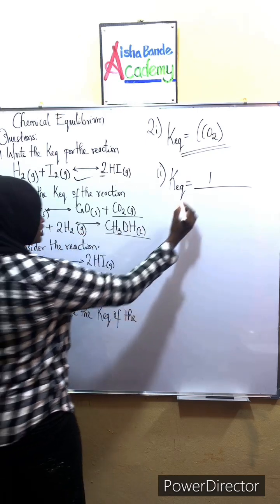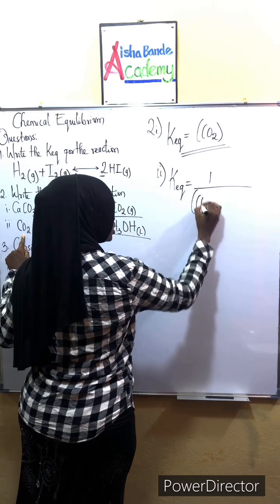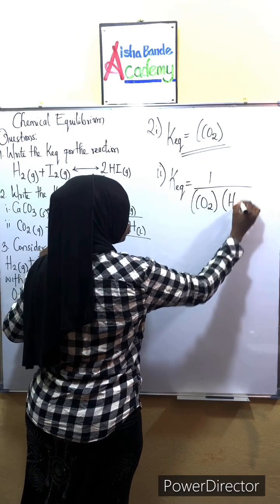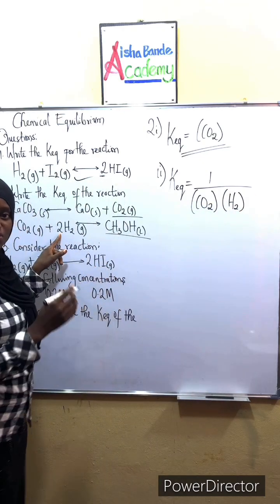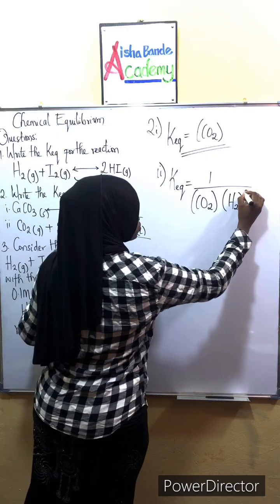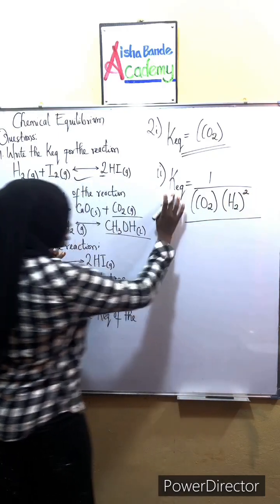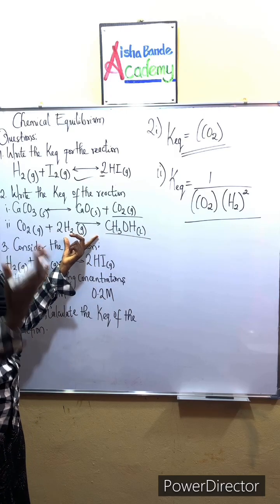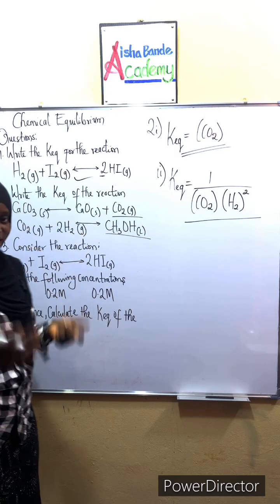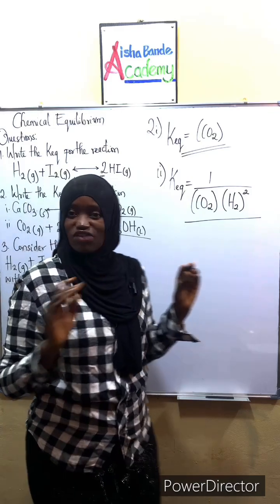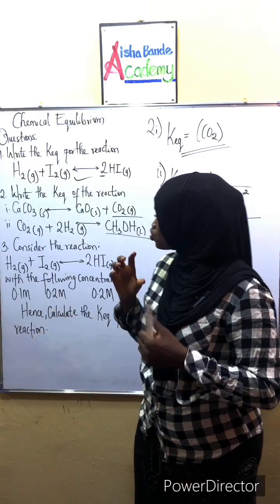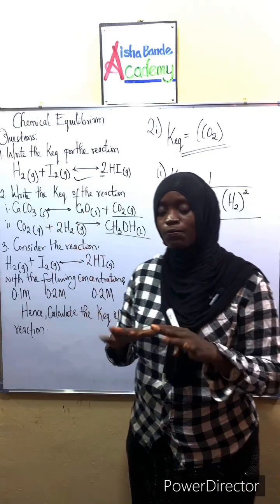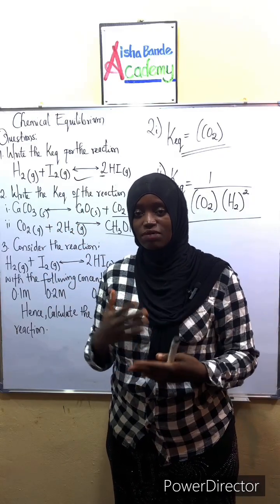So now for the reactant, since they're all in gaseous state, this becomes CO2 and we have H2. This H2 is going to be raised to power 2 because the coefficient here is 2. So this is as simple as that. This is the chemical equilibrium for the reaction in question 2II. Okay, so it's just as simple and as straightforward as that. We just need to check out the state. The state is very important when treating mathematical problems under chemical equilibrium.